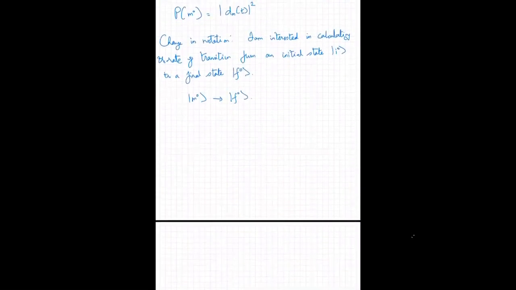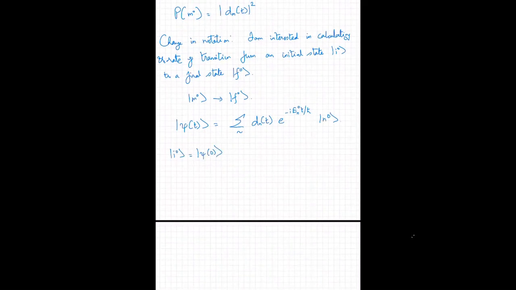Since I wrote psi of t as the sum over n of dn e to the minus i En0 t over h bar, times n0, my I0 initial state is what I call psi of 0. Psi of 0 is just a convenient way.